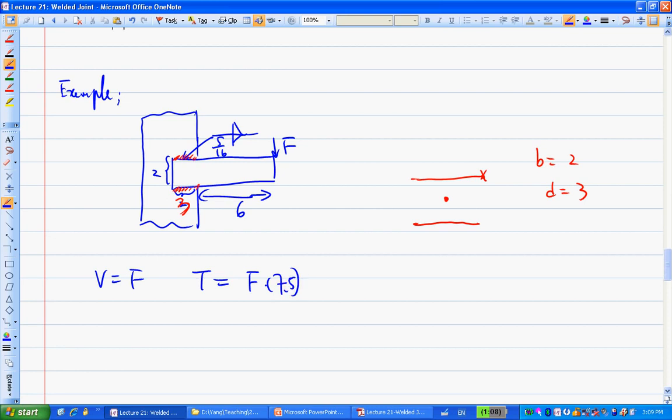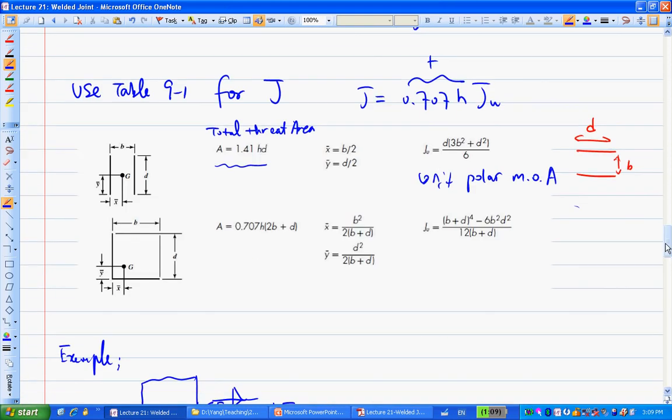Okay. Yeah. So then, at that location, first the primary shear, tau prime equal to V over A equal to F over the total throat area. So what's the total throat area? So you can look at this table right here. This value here, right? This value.